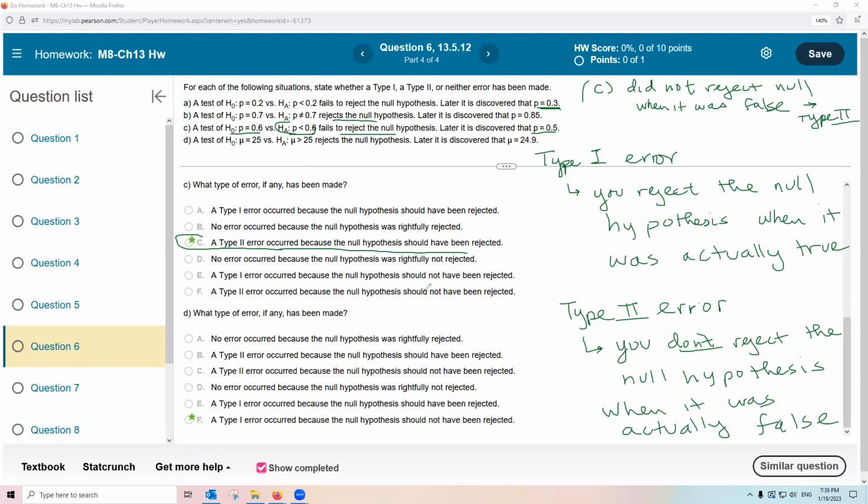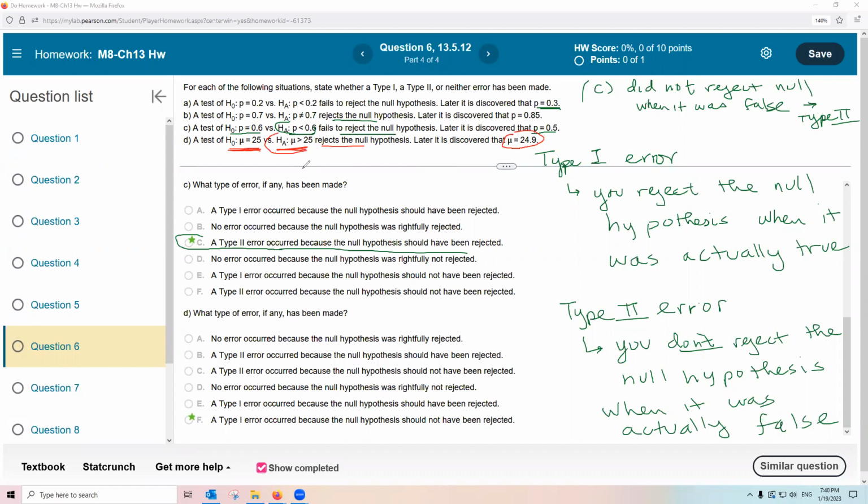All right, let's go to part D, the last part. It says the null is mu equals 25. Remember, mu is the population mean. And the alternative is the mean is greater than 25, and you reject the null. Later, you discover that mu is 24.9. Well, for this one, we should not be rejecting the null hypothesis, right? Because the alternative is saying that mu is greater than 25, but it's not.